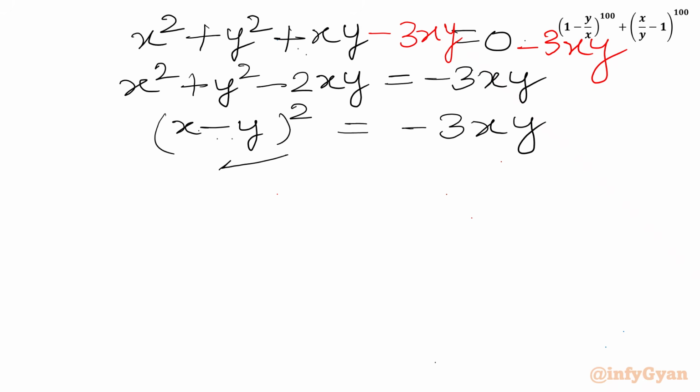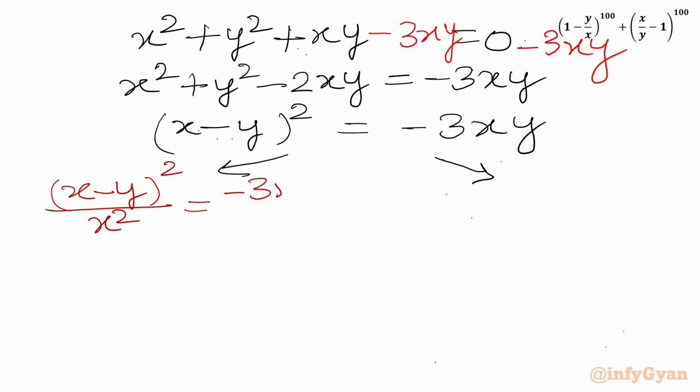Now I will divide this equation by x square and by y square. So let me write here (x minus y) whole square over x square will be equal to minus 3xy over x square, and here I will divide both sides by y square.